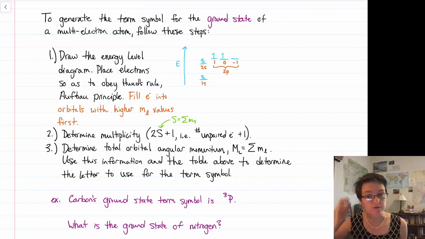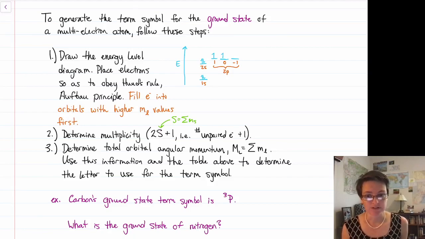But for P and D orbitals, I'll label the biggest values of m sub L on the left, the most negative values on the right, and then I'll fill in my electrons the way that I was taught in my general chemistry class. So you can see for carbon here, I filled in my first electron into the m sub L orbital with m sub L equals 1, because that's the highest value. My next electron, I don't want to disobey Hund's rule, so I'm not going to place it in that orbital as well, but I am going to place it in the m sub L equals 0 orbital, since that's the next highest value that's available to me.